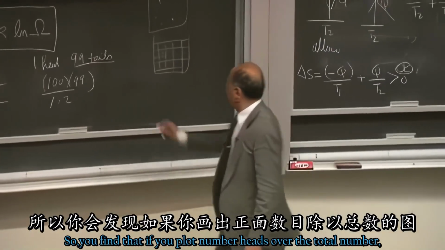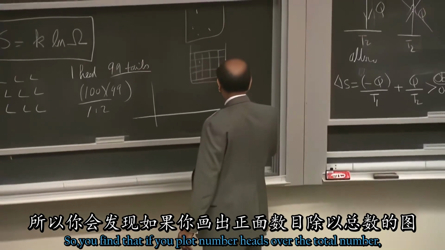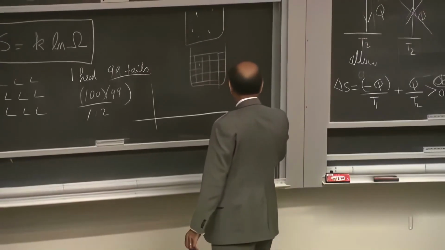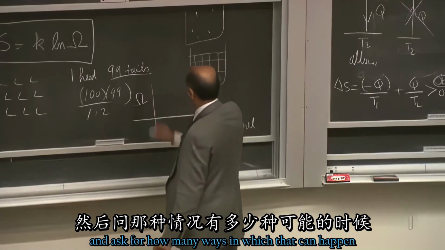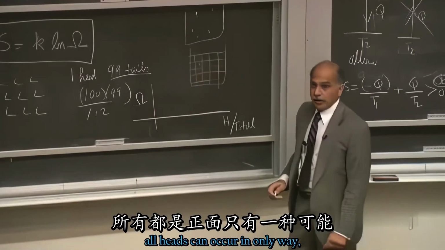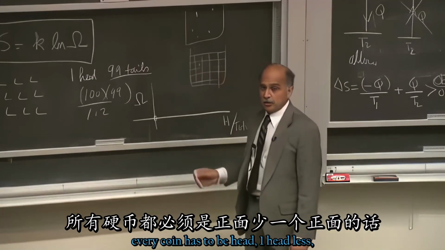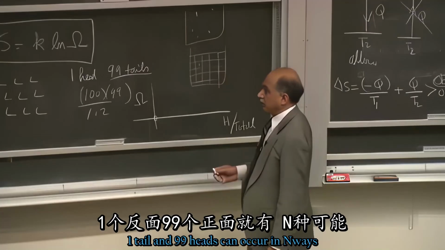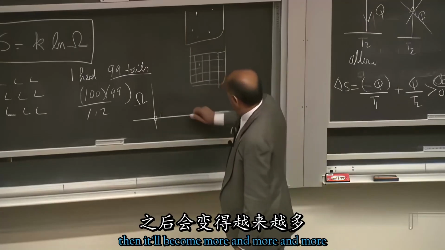So you find that if you plot number of heads over the total number, and ask for how many ways in which that can happen, all heads can occur in only one way. Every coin has to be head. 1 tail and 99 heads can occur in n ways. Then it will become more and more and more.